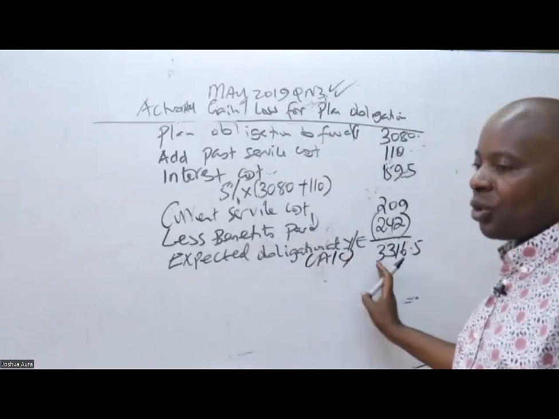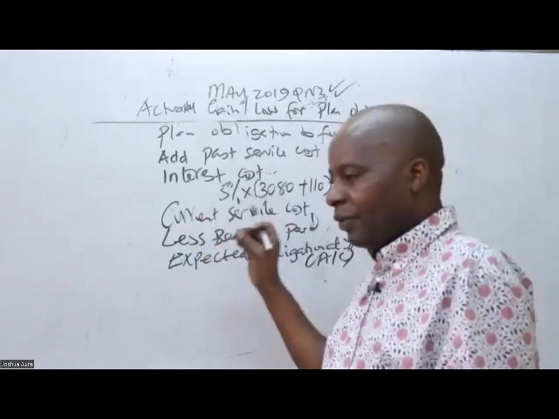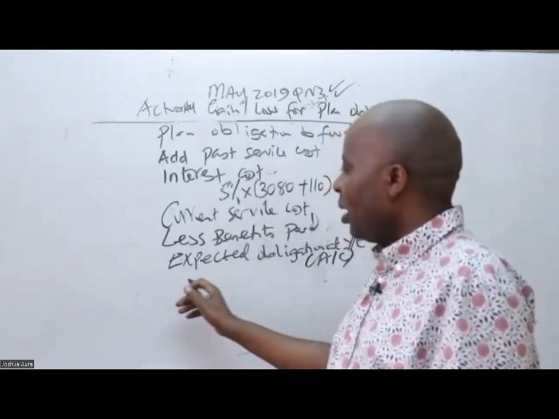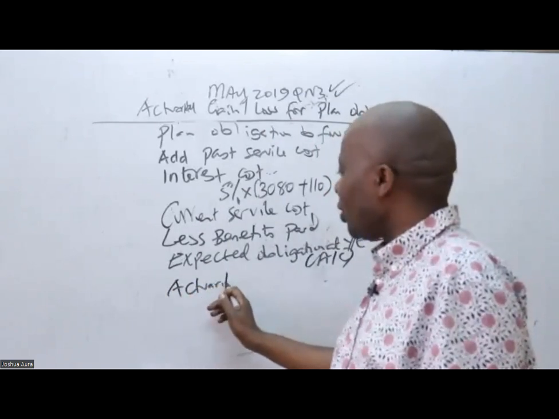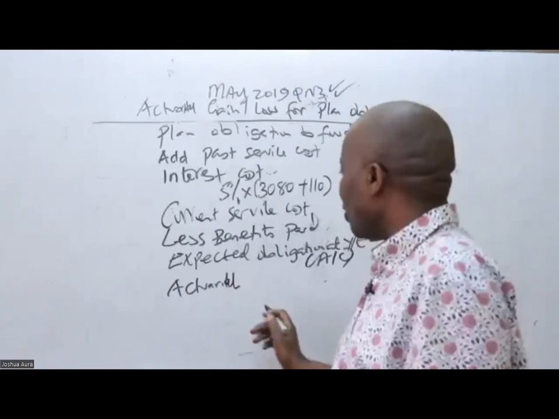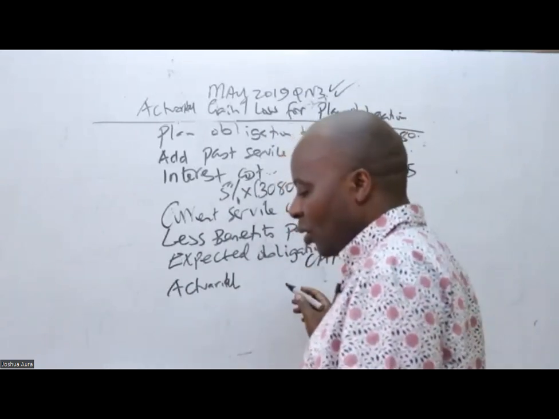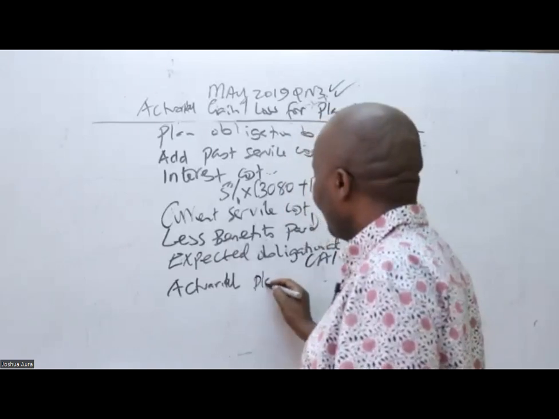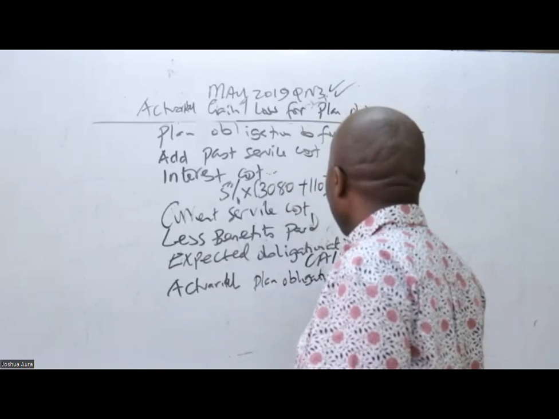All right. Now we have the bigger man in the room. This bigger man is the actuary. So we have here the actuarial plan obligation at year end.